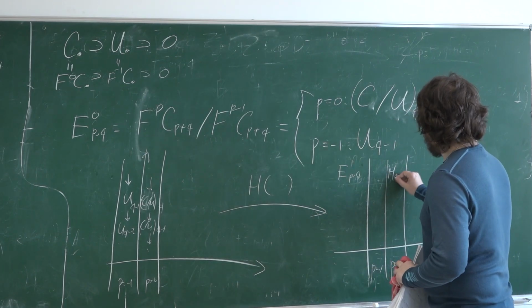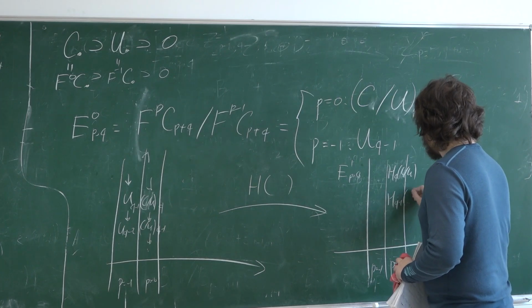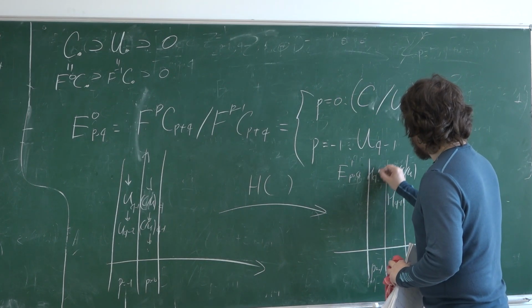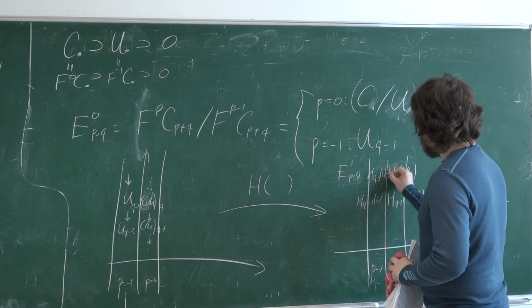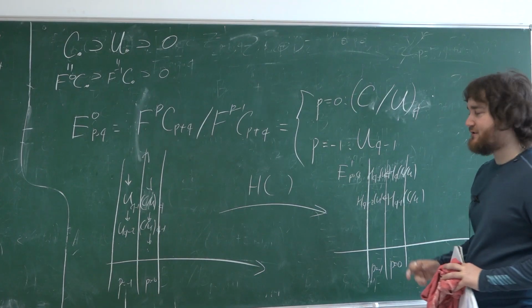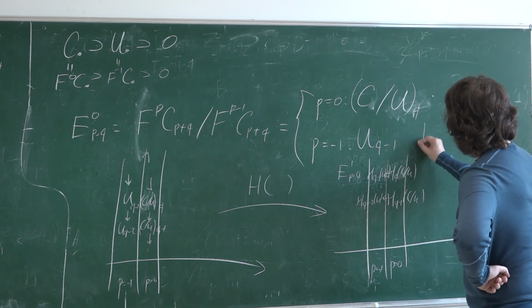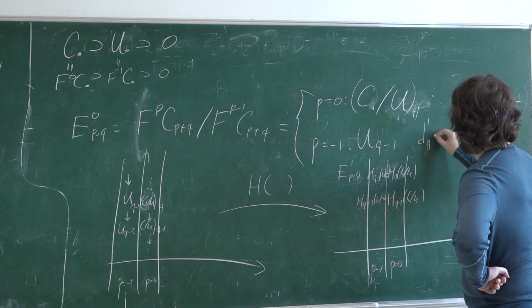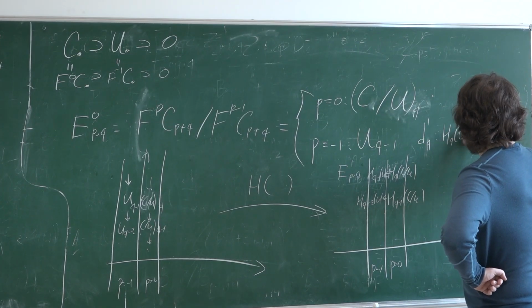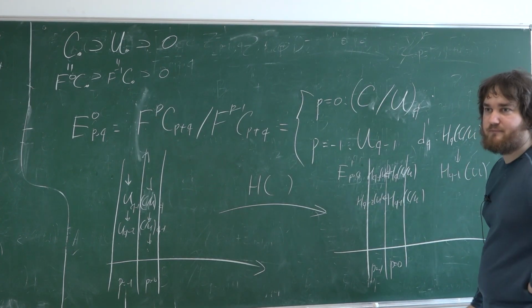It's the homologies H_q of C modulo U, and the homologies H_{q-1} of U, H_{q-2} of U, and so on. And we also have horizontal differentials. By definition, we obtain some differential d^1_q from H_q(C modulo U) to H_{q-1}(U).